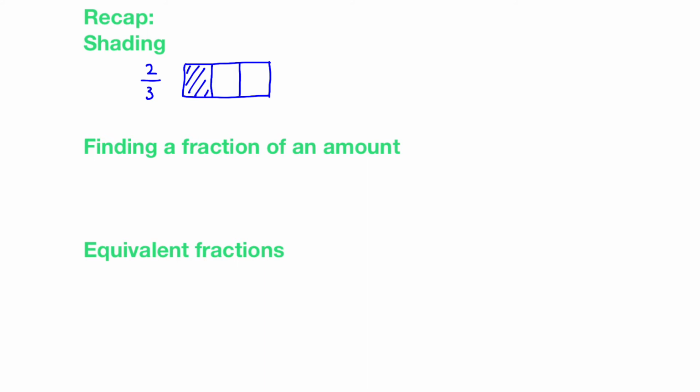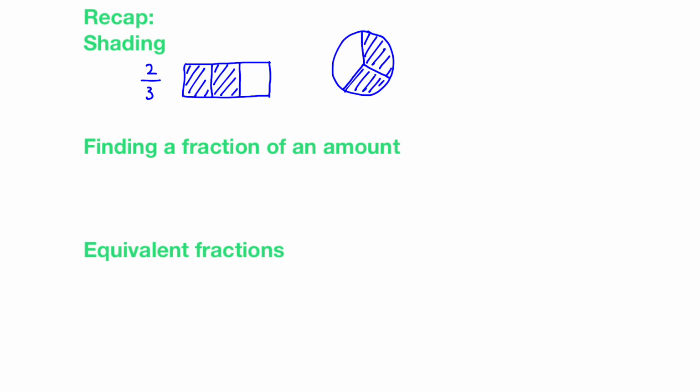So we choose 2 out of 3 blocks to shade. So 2/3 can be represented like that, or if we're sticking with pizzas, we can split our circle into thirds and shade 2 of them.